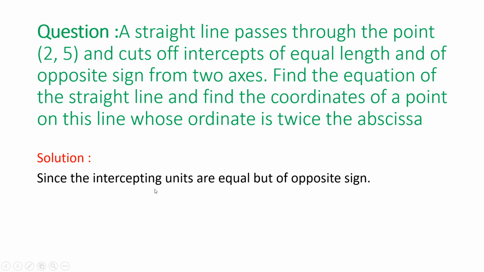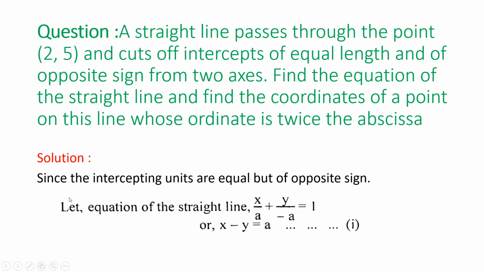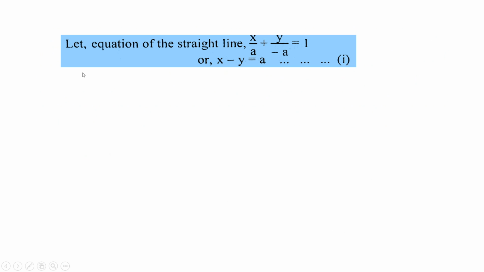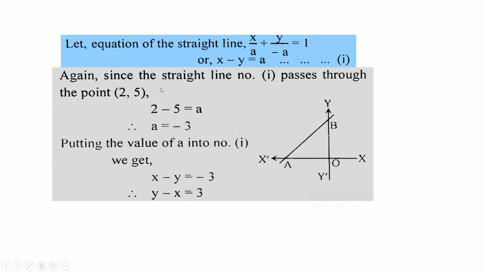Since the intercepts are equal but of opposite sign, let the equation of the straight line be x by a plus y by minus a equal to 1. From this, after calculation, we get x minus y equal to a, which is equation number 1. Since line 1 passes through the point (2, 5), it satisfies this equation.